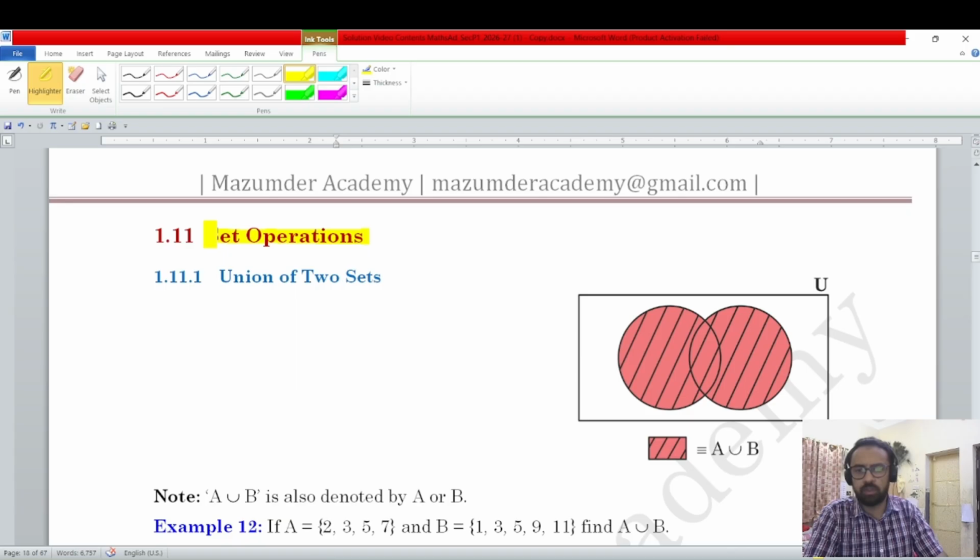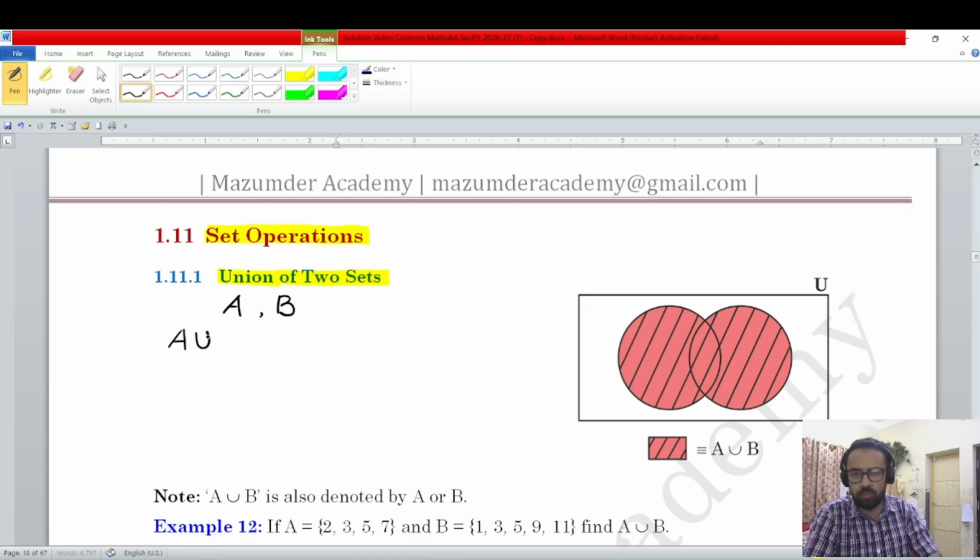Next, let us see set operations. So the first set operation is union of two sets. Suppose you have two sets A and B. If you want to find out their union, then as a symbolic representation of the definition, we write like this.